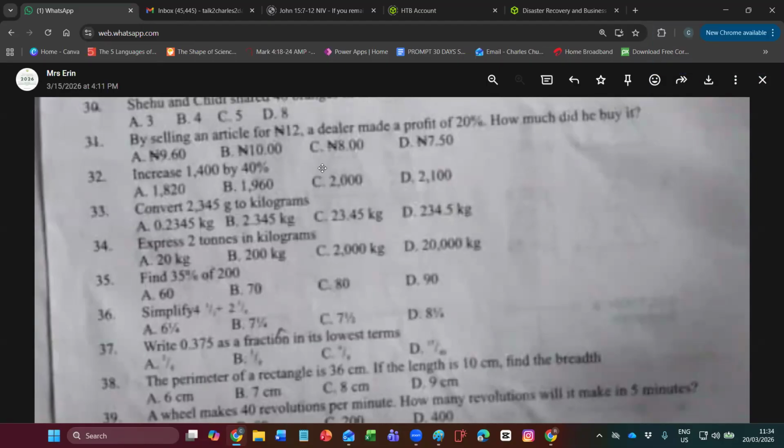Now remember, anytime you see profit percentage or loss percentage, it is always a percentage of the what? Cost price. Did you notice that? It's never a percentage of the selling price. So don't worry, we'll figure it out. Now let me show you the formula you are going to use. Please just try and follow me.